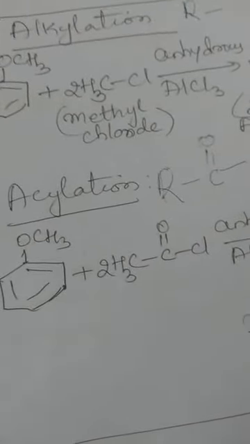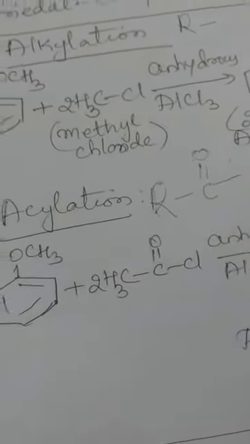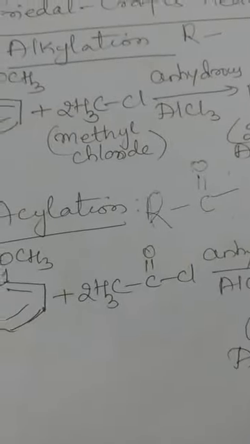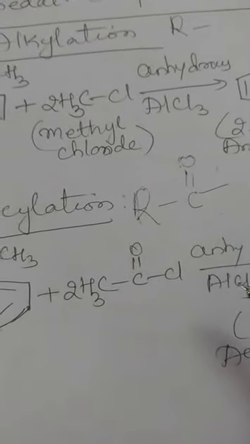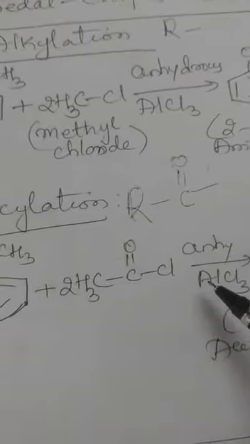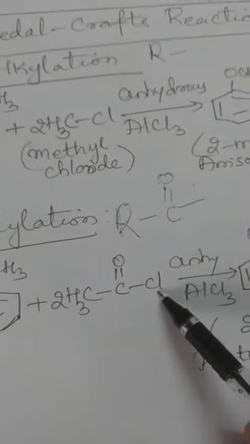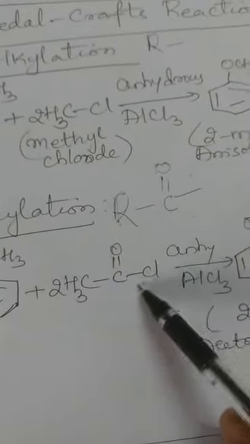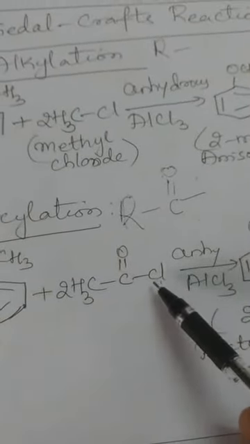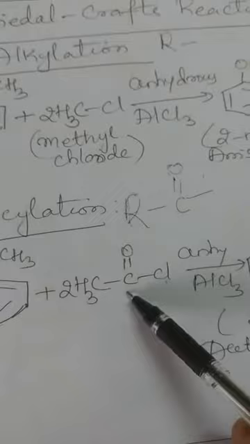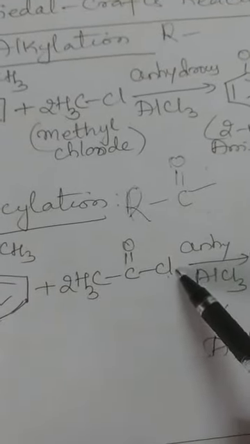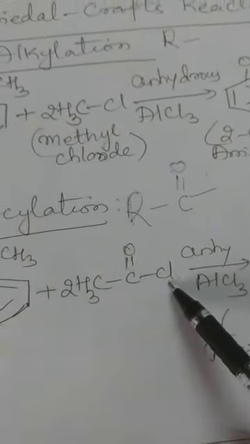Now, anisole reacts with CH3COCl, which is called acetyl chloride. CH3CO, if there was OH here, is called acetic acid. That OH is replaced by Cl. So therefore CH3COCl is called acetyl chloride.